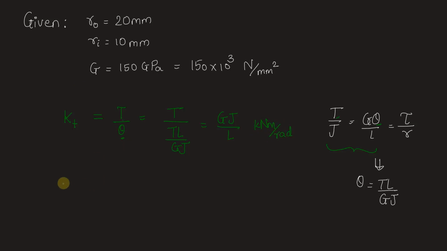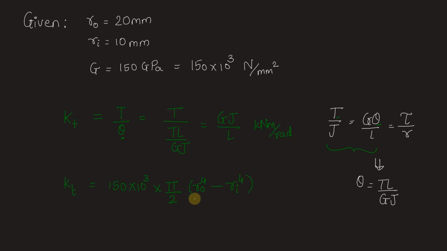Let's calculate this torsional stiffness from the given values. We have G as 150 into 10 to the power 3. Now J, that is polar moment of inertia of the shaft, because it's a hollow shaft, it will be given by pi by 2 into R naught raised to 4, that is outer radius power 4, minus inner radius to the power 4.